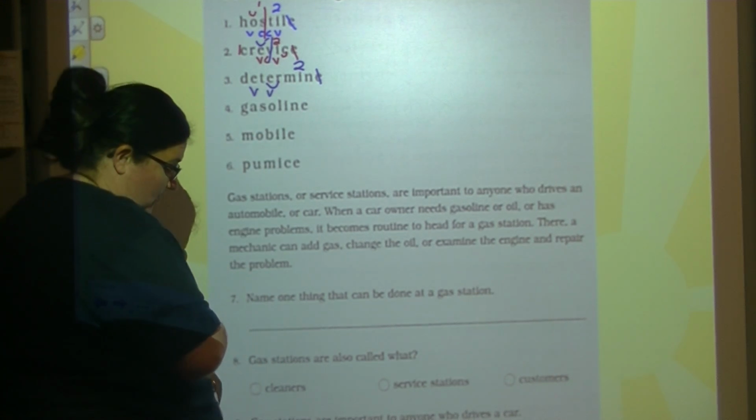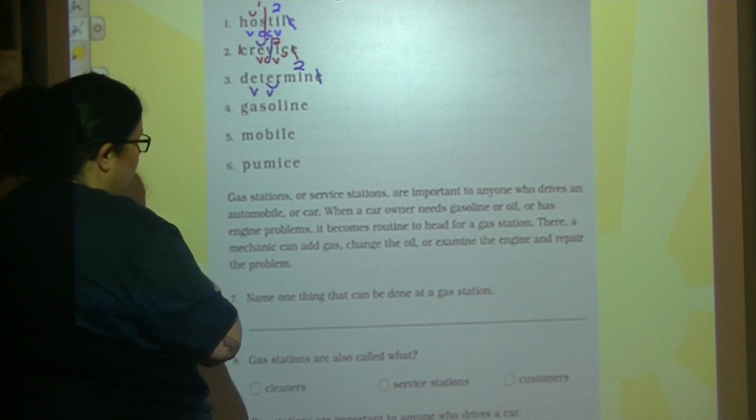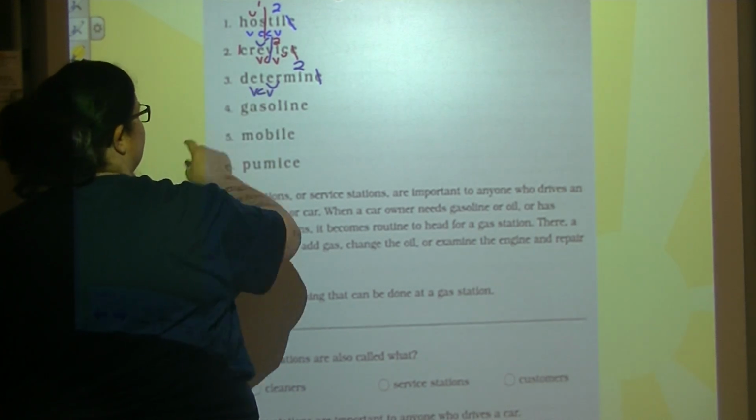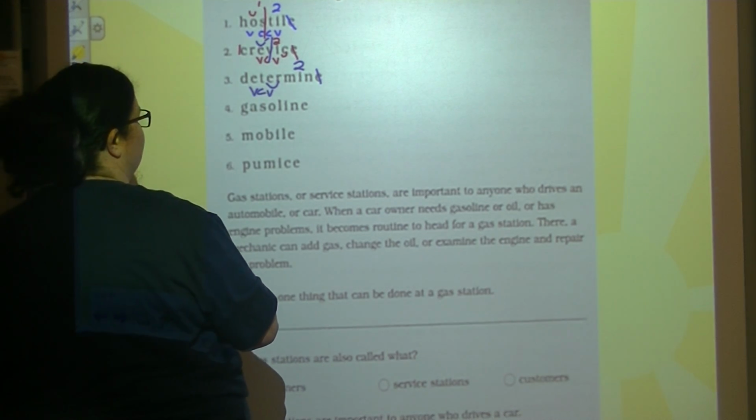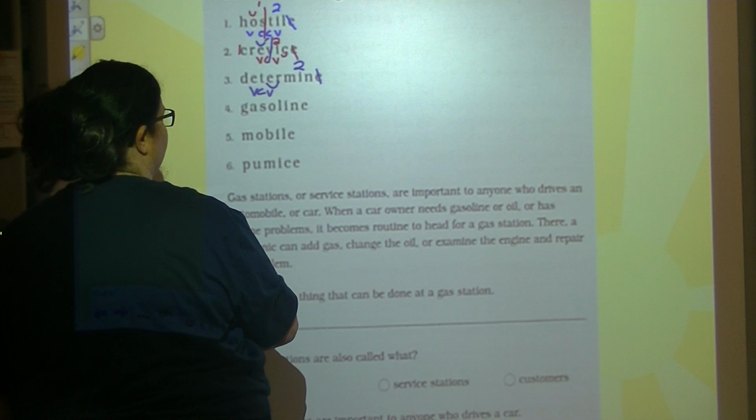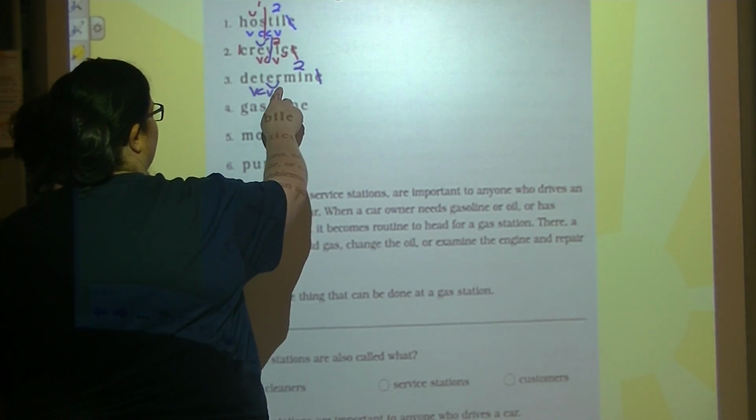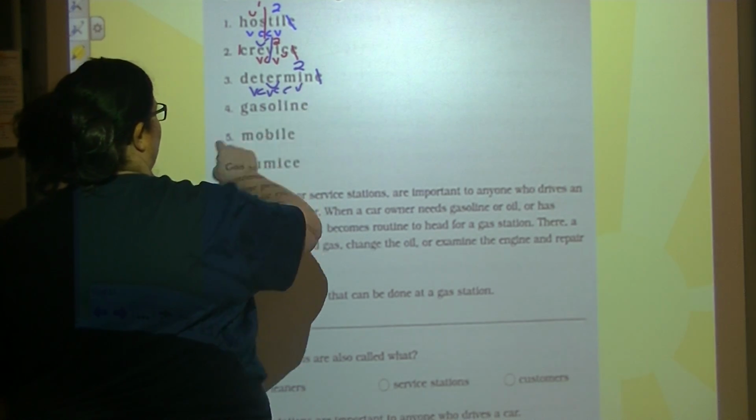We've got a vowel, consonant, vowel, consonant, consonant, vowel.